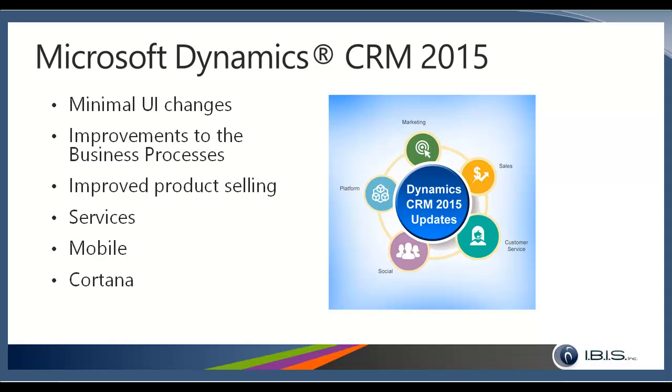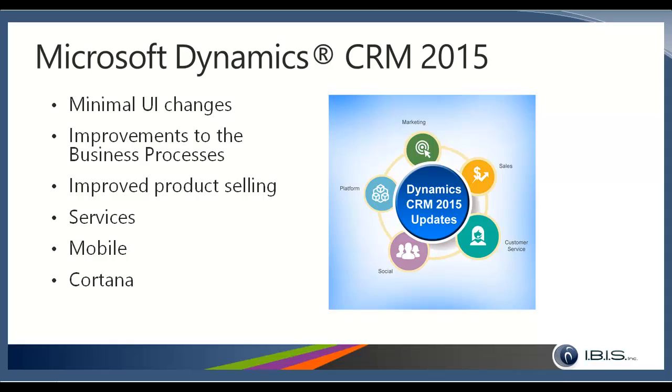Just to give you an overview of Dynamics CRM 2015, it was released in late 2014. It came out around December. And basically the idea is it incorporates major enhancements to the sales, marketing, and customer service functionalities. So people who typically use CRM for sales and marketing will see some major improvements to the way the business processes work and some of the features inside of the sales process, specifically in the product management.